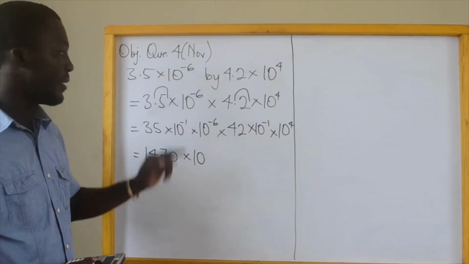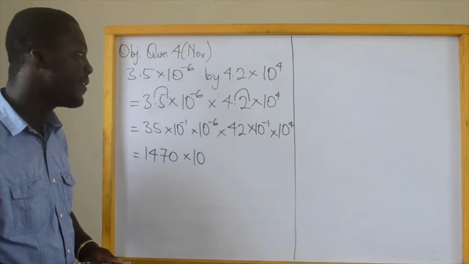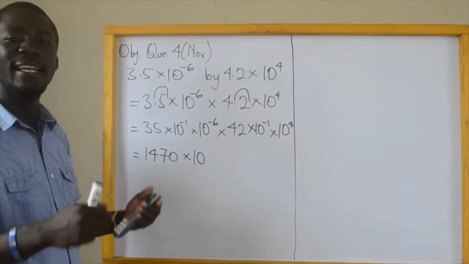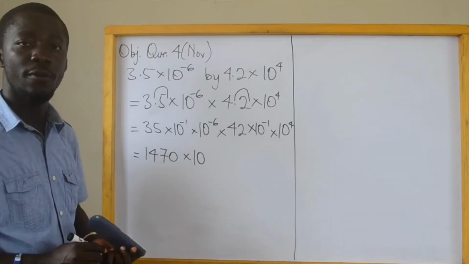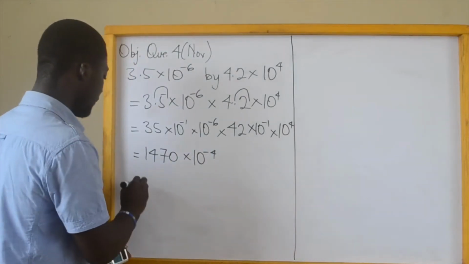So negative 1 plus negative 6, we are going to get negative 7, plus negative 1, negative 8, then plus 4. We are going to get negative 4.